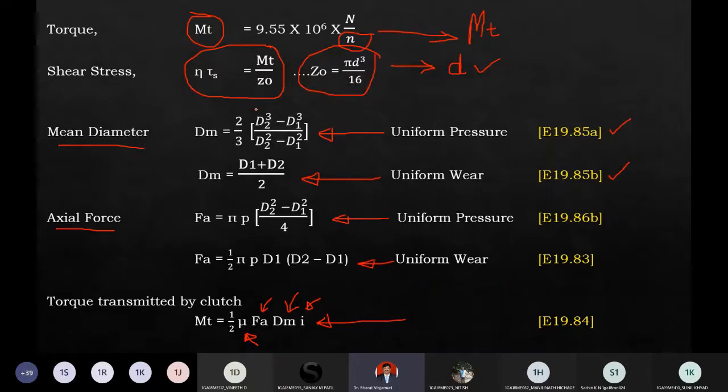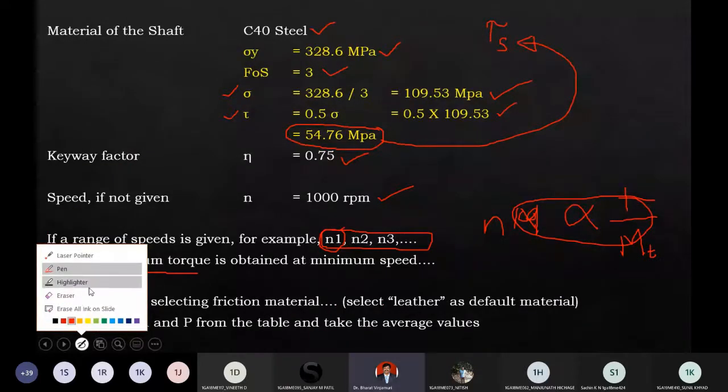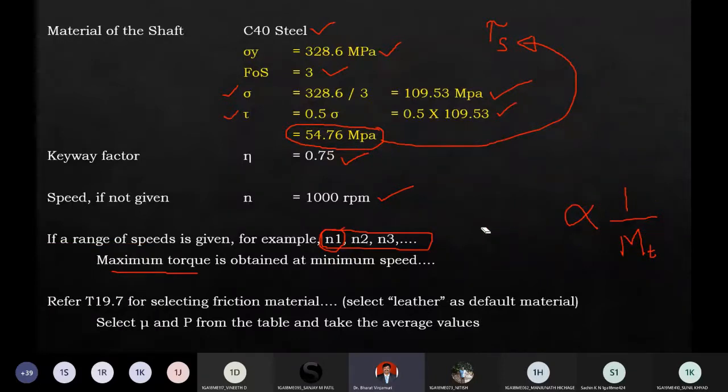Once again, the small n, the speed, is always inversely proportional to torque. So if you want maximum torque, take smaller speeds.